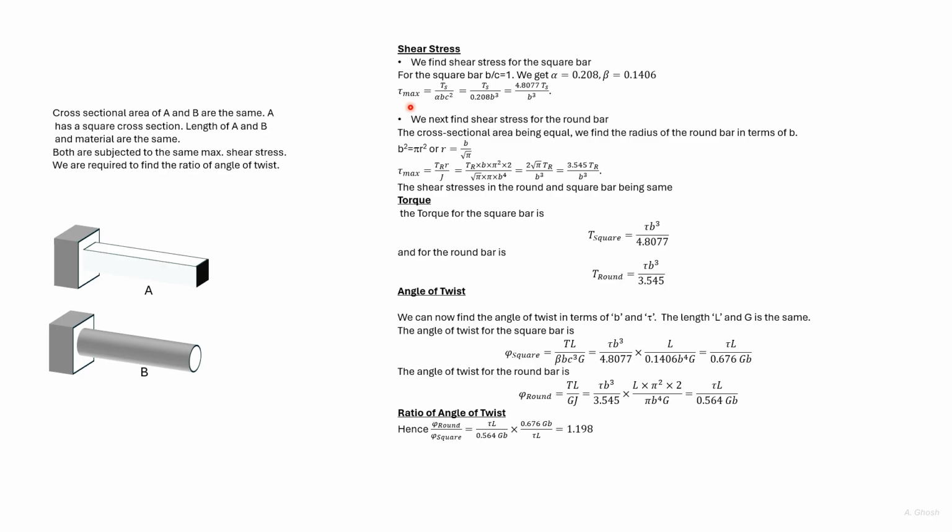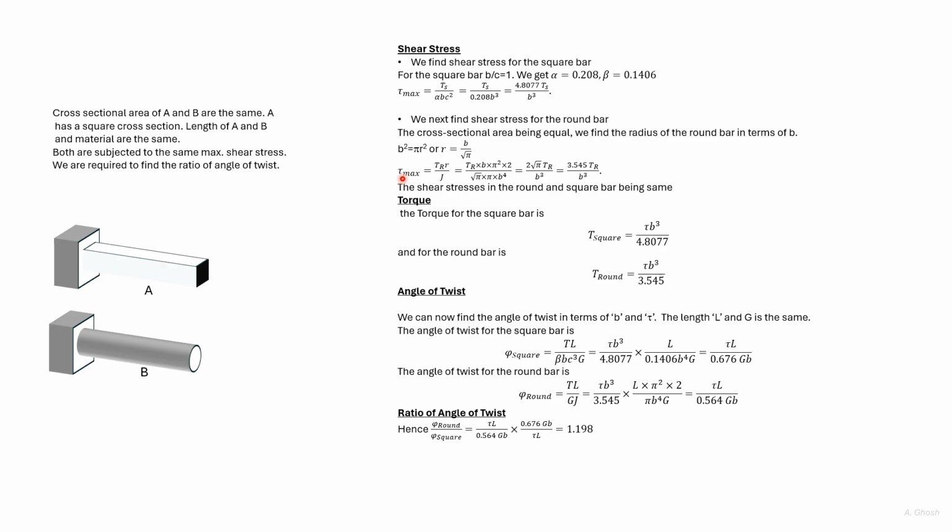Then tau max is given by this formula. Here B and C are equal, and we get the expression of tau max in terms of Ts, or the torque in the square section.